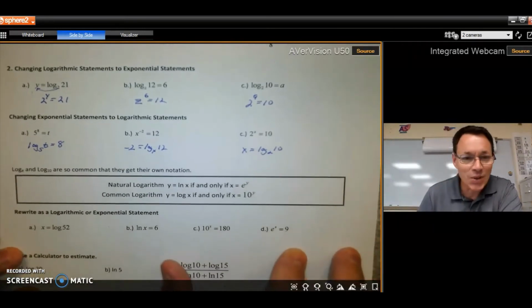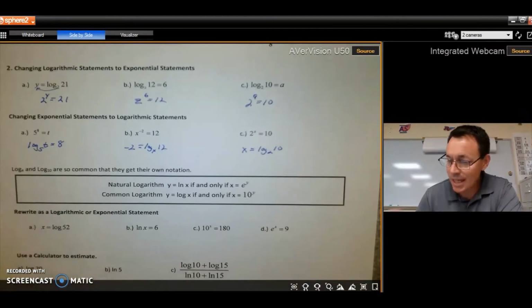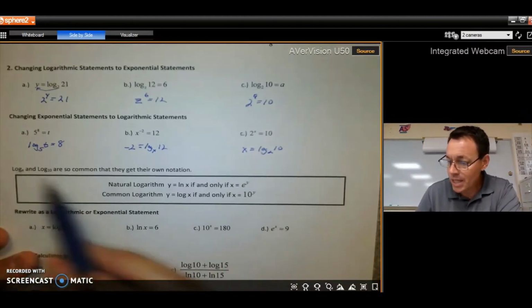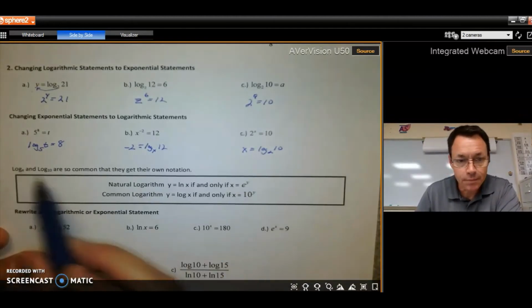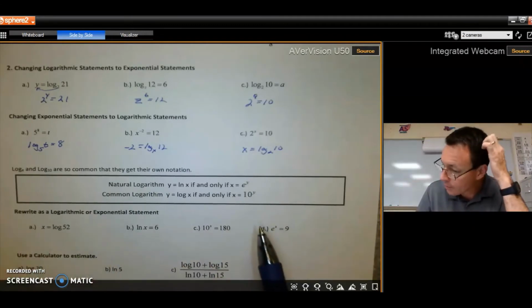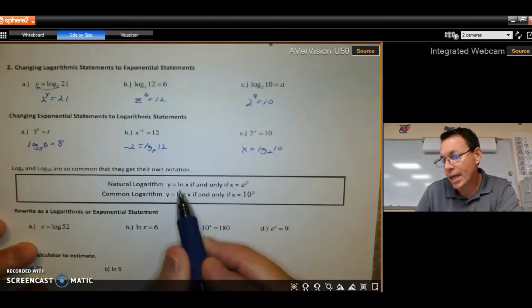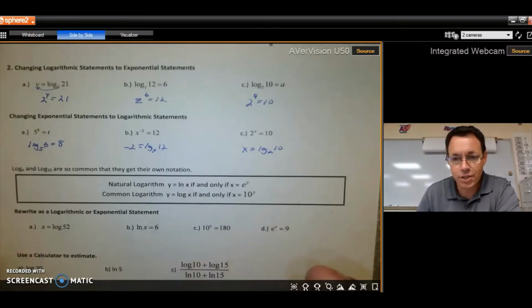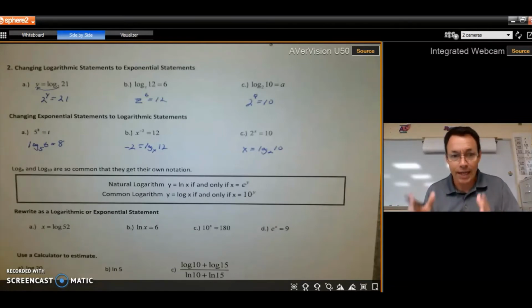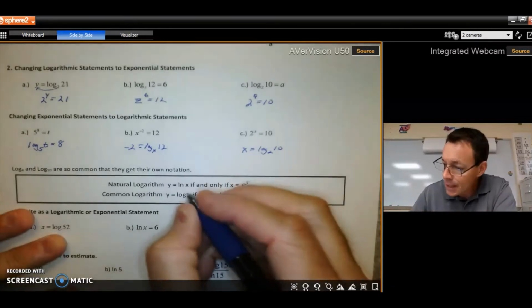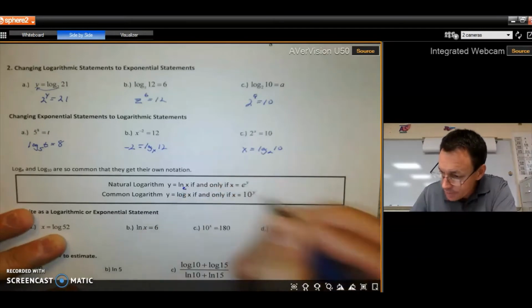All right, so these 2 are so common they get their own notation. Log base e is the natural number, and it's called a natural logarithm. If you look on your calculator, you'll see an ln button. An ln, which is French, it's logarithmic natural. That's why it's in that order, even though we call it a natural logarithm. Okay, it is a base e.